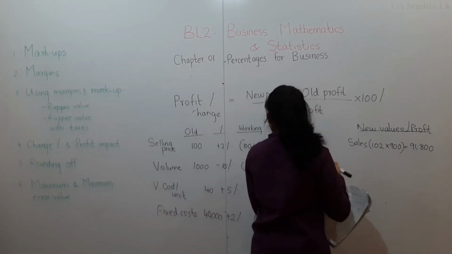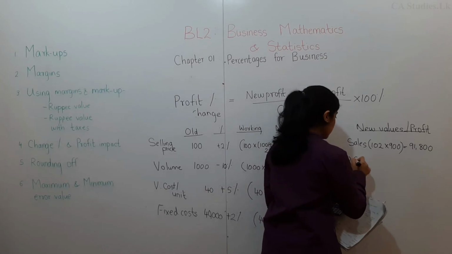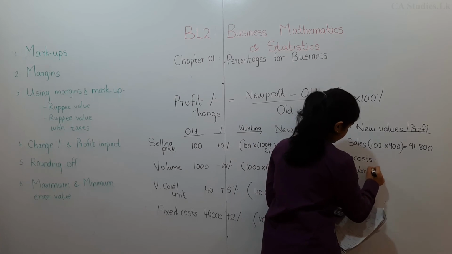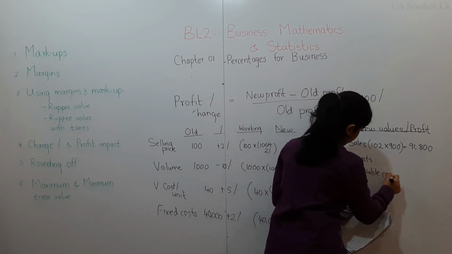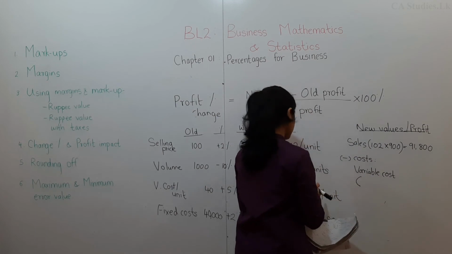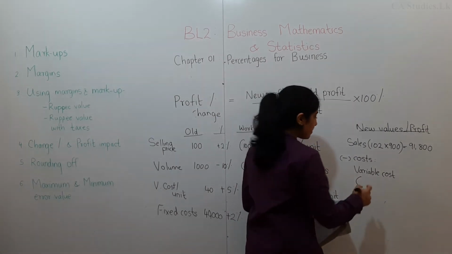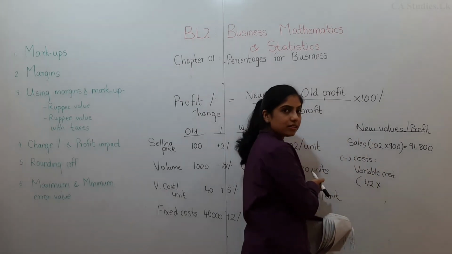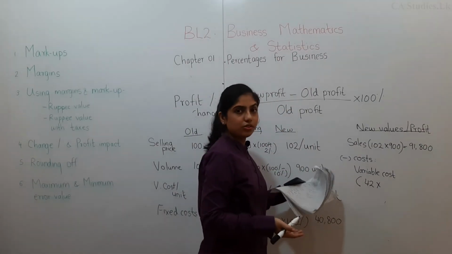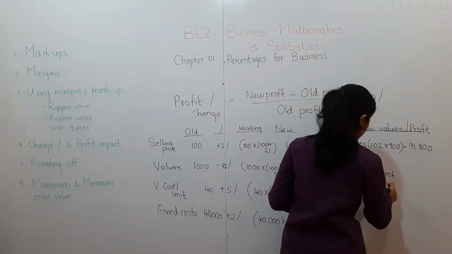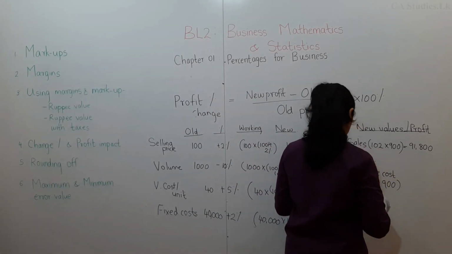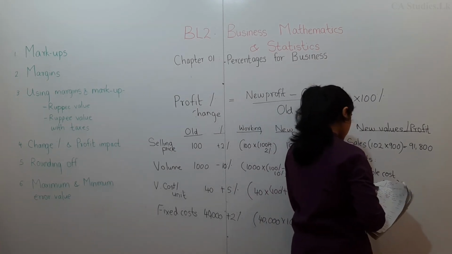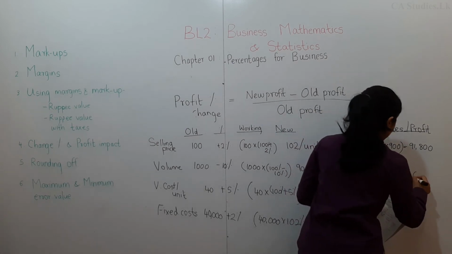Next is less cost. Then you have variable cost. Per unit, the new price is 42 per unit. So 42 multiplied by how many number of units that we are selling is 900 units. It changed, so use the changed value 900. 900 multiplied by 42 is 37,800 minus.